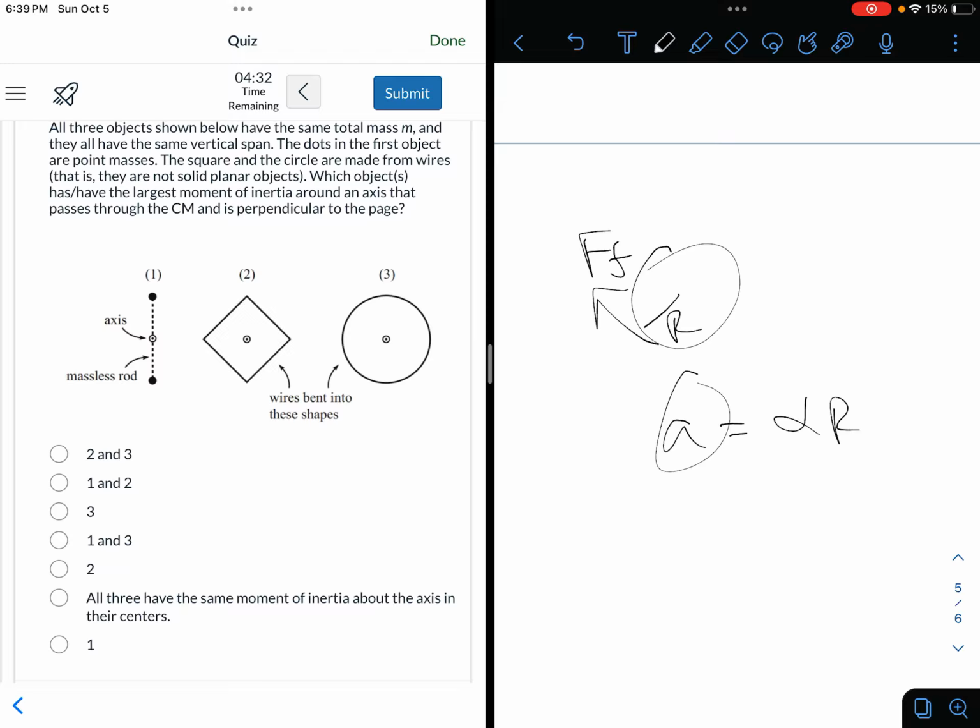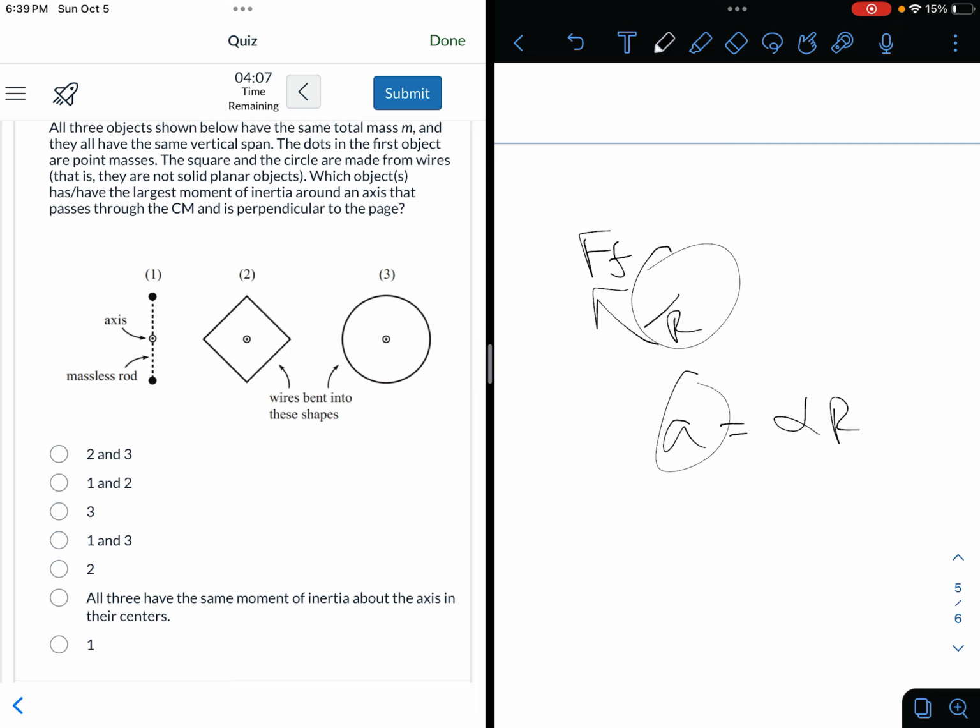So I'm pretty sure 1 and 3 should have the most, and reason being is I could smear these 2 point masses out into a circle, but because they still remain the same distance from the axis of rotation, they have the same rotational inertia, right? I'm not bringing the mass closer to the center.